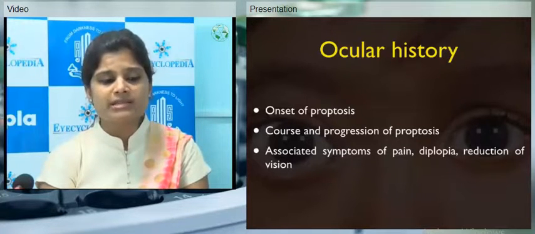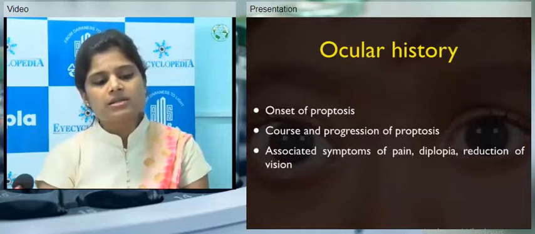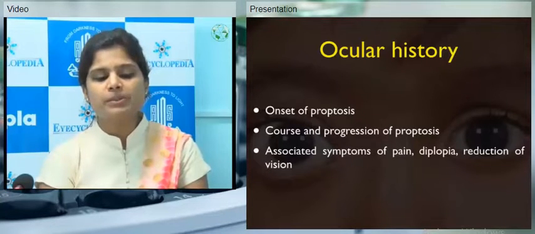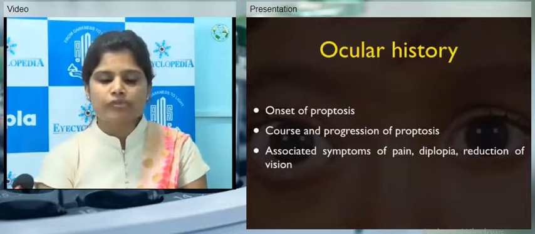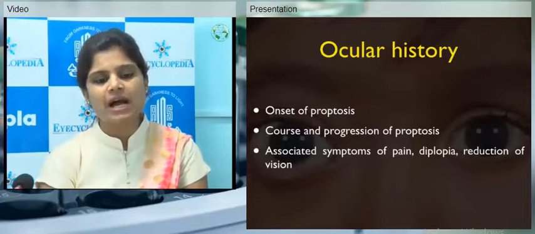These are some of the things we have to ask. Other associated symptoms, whether the patient has pain, whether there is diplopia, or whether there is any reduction of vision, should also be specifically asked.